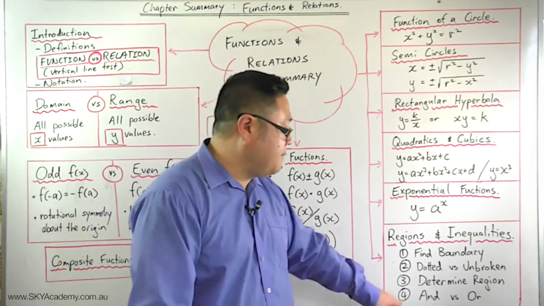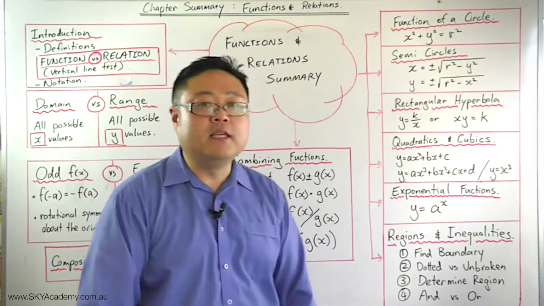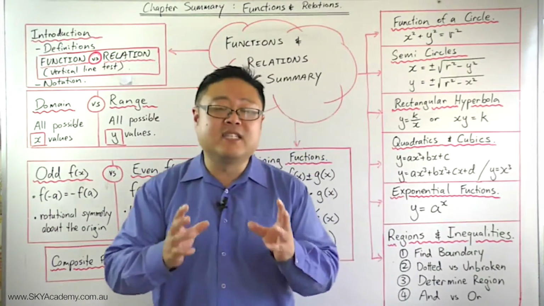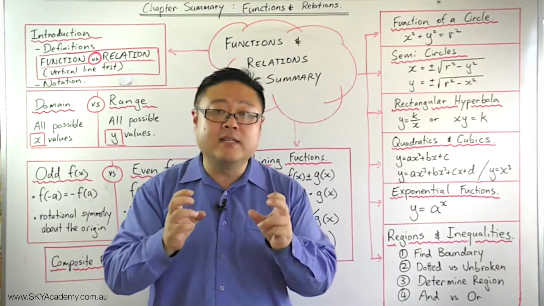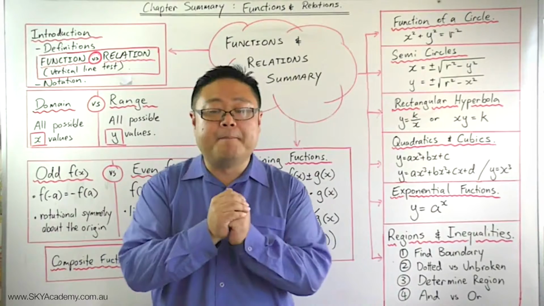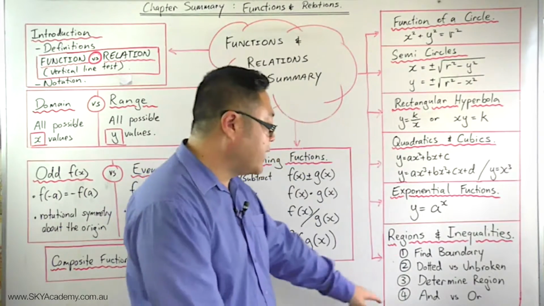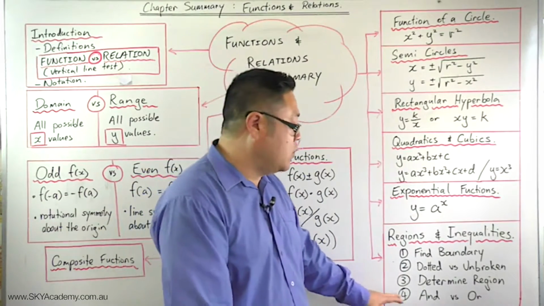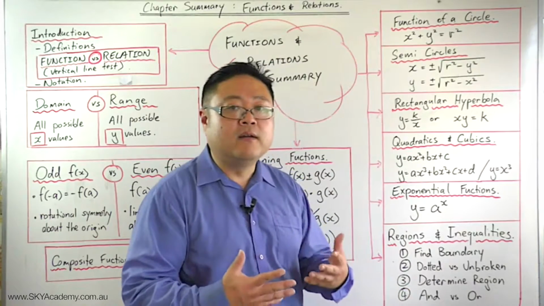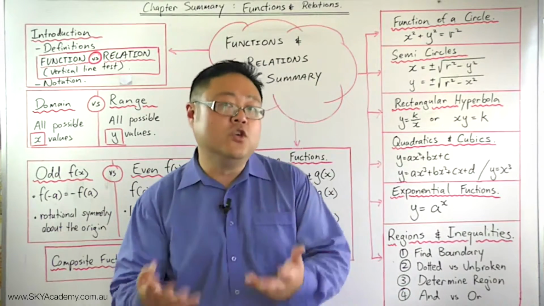The last thing that we need to consider is when you're looking at simultaneous inequalities or simultaneous regions. You want to consider whether you are working out the intersection or the union.